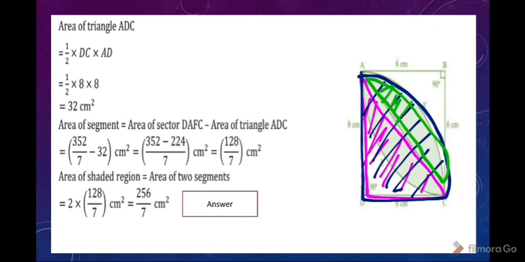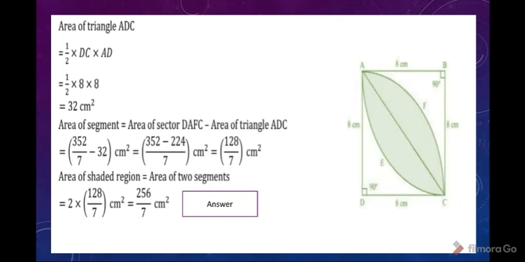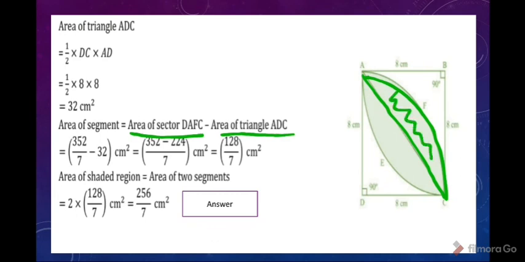You will get the area of this portion, right? So area of the segment, this one, is equal to area of the sector ADFC minus area of the triangle ADC. So area of the segment will be 128 by 7 centimeter.